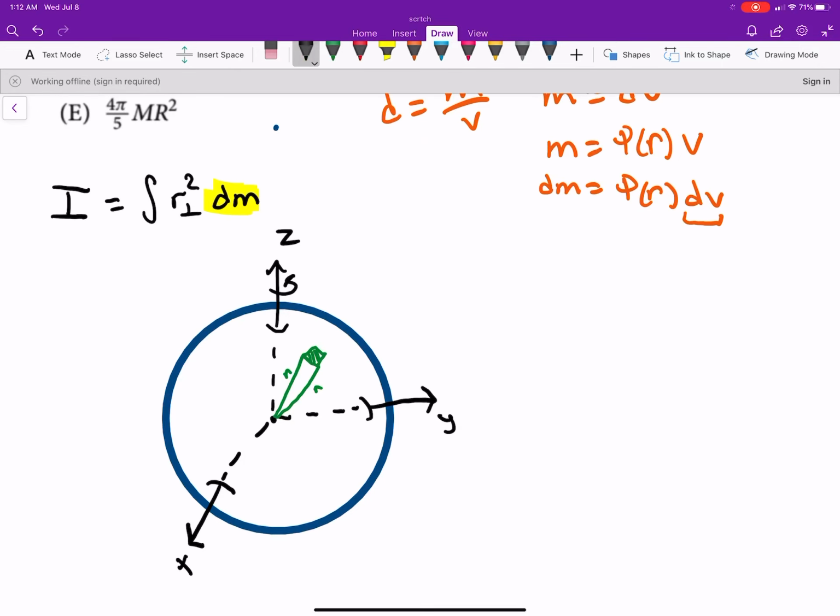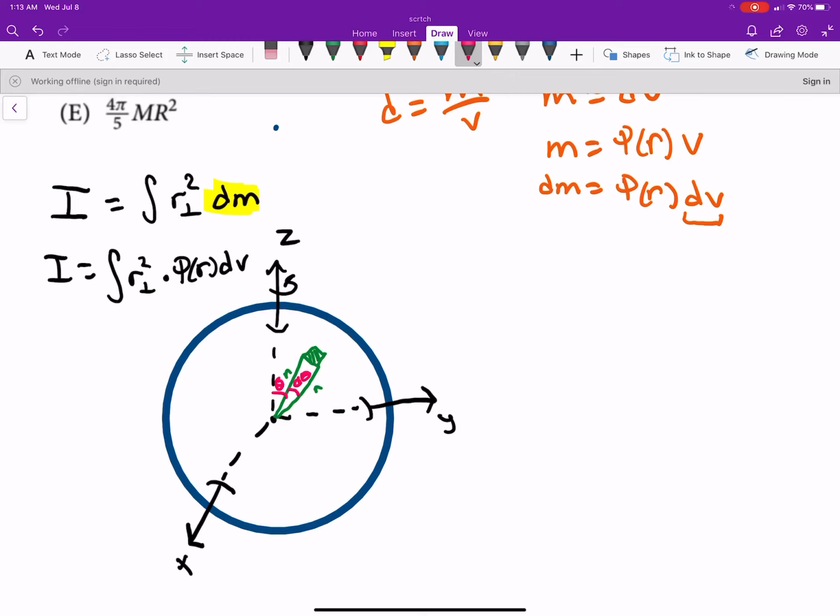Now, if we were to look at our integral, r perpendicular squared, well, we still don't really know what that is yet, but that'll be clear, times rho of r dV. The goal of this picture is to hopefully let us see what r perpendicular is, as well as dV. So let's continue. This little bit here, we'll call this angle theta, meaning from here to here is just d theta.